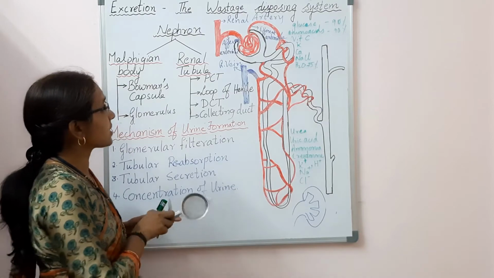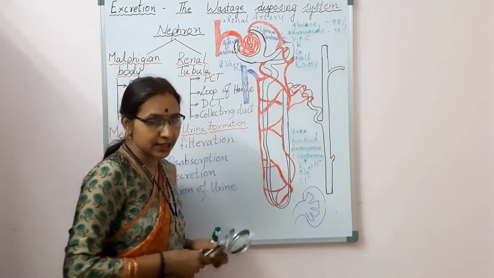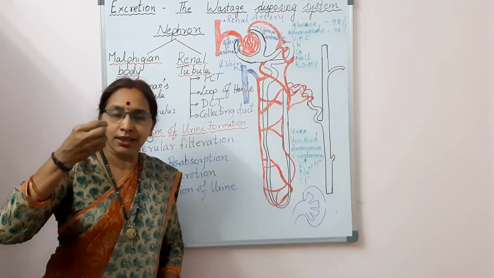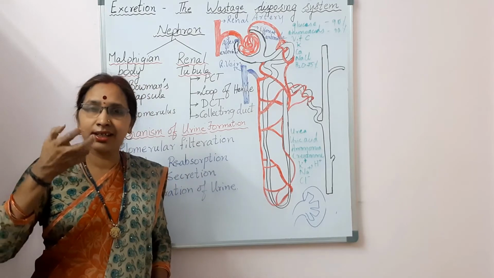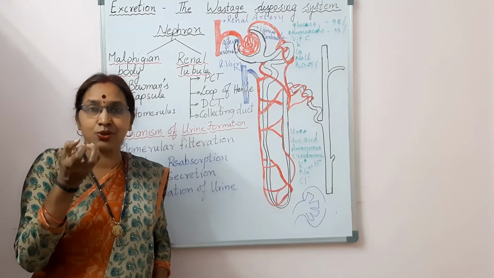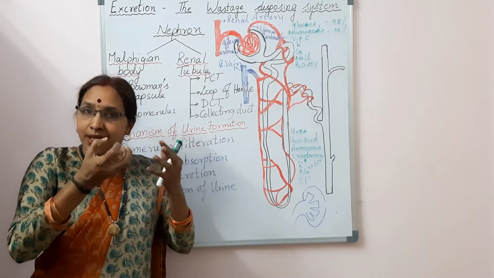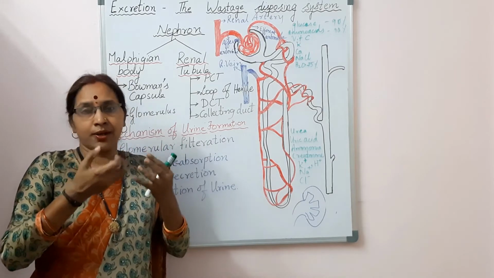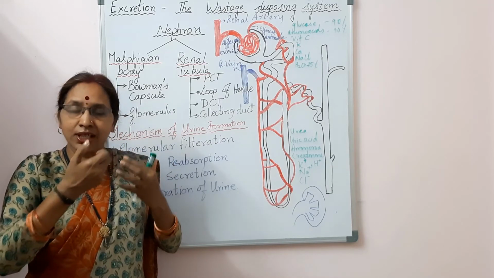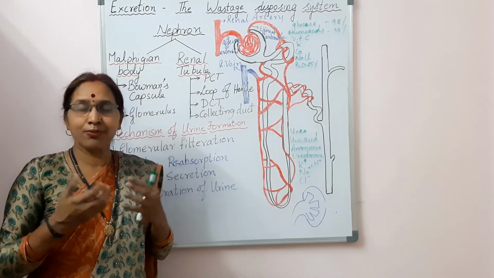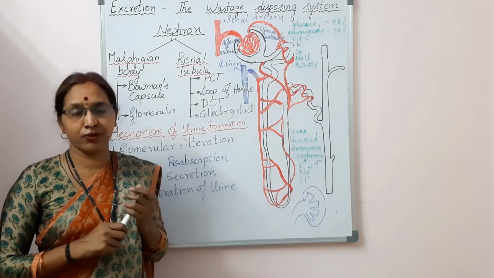So as soon as this afferent arteriole enters into the Bowman's capsule, its diameter reduces, and this reduction of the diameter leads to pressure. It creates a pressure inside, and due to this pressure, the blood is filtered. All the waste and other materials are filtered from the blood, and this type of filtration is known as ultrafiltration.